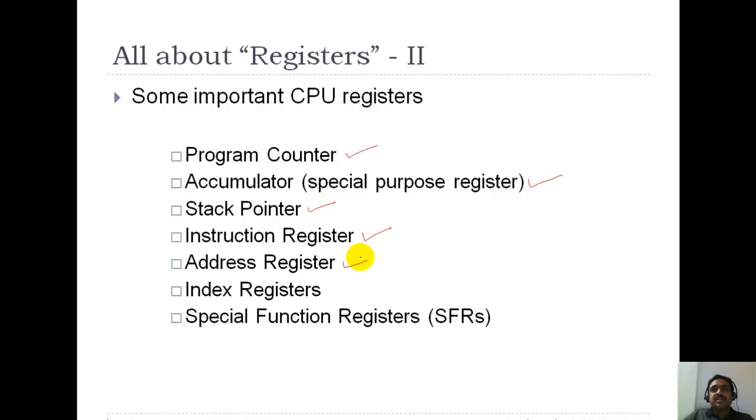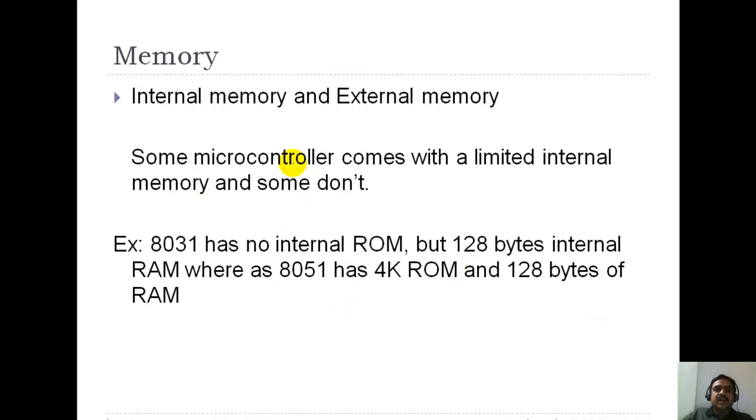Address register is nothing but the register which holds the address of the next instruction to be executed, or the jump or the loop address. Index registers are definitely useful for index addressing, and a few SFRs, where some are bit addressable. So these kinds of SFRs are also present.